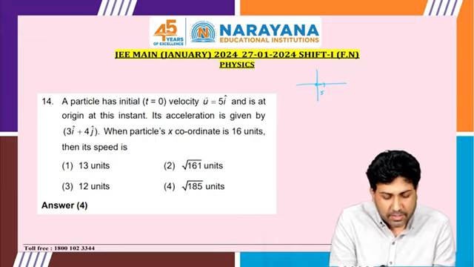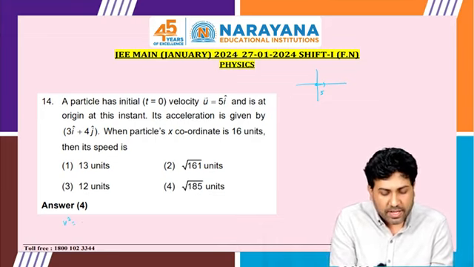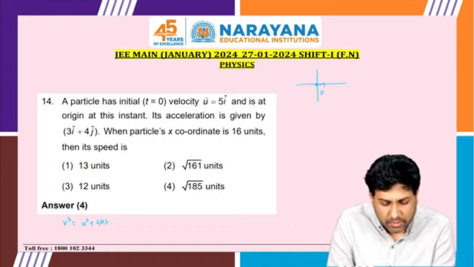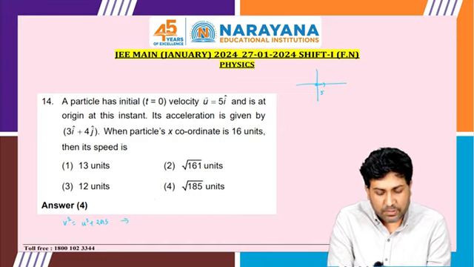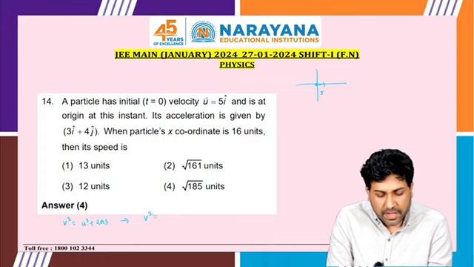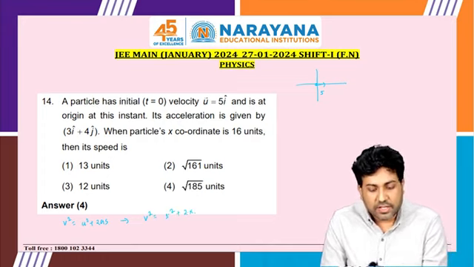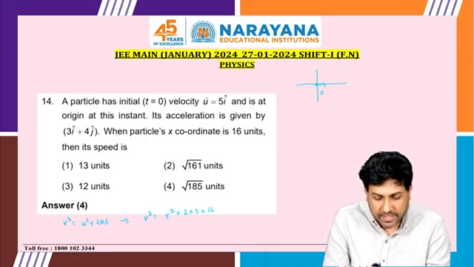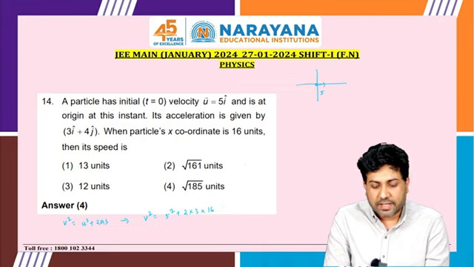So I can use in the x direction v square equals u square plus 2as. So v square equals initial velocity 5 squared, plus 2 into acceleration, which is 3 in the x direction, into the displacement, which is 16. So how much will I get?